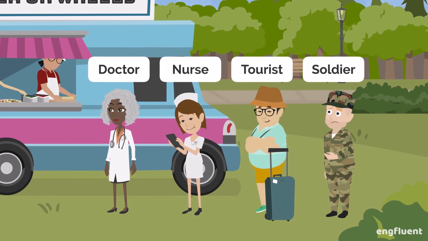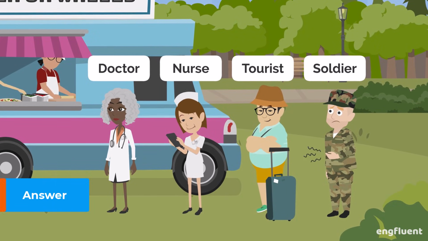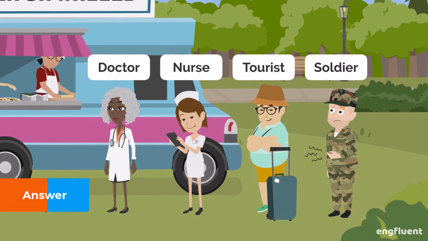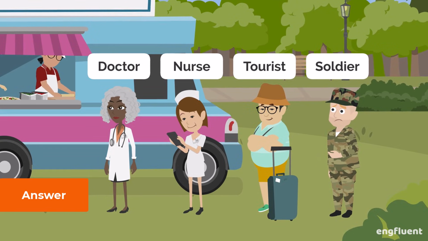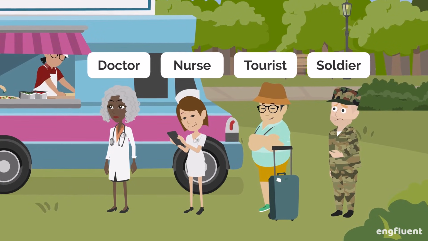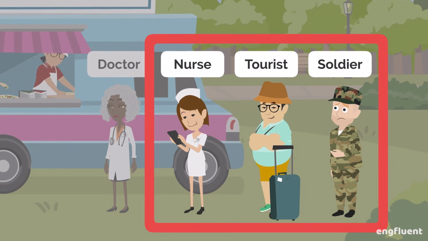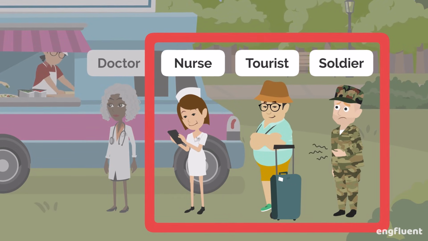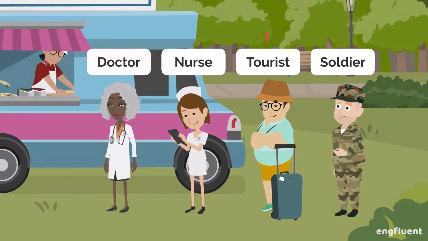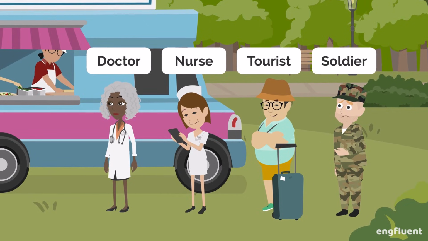Is the soldier behind the doctor? Yes, the soldier is behind the doctor. There are 3 people behind the doctor, and the soldier is one of them. Is the soldier right behind the doctor?